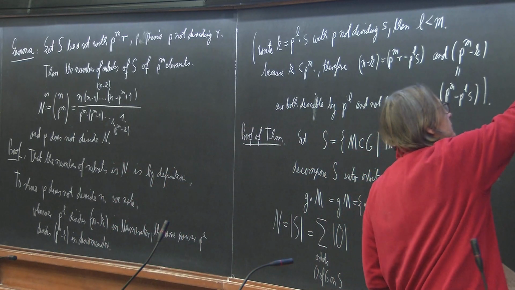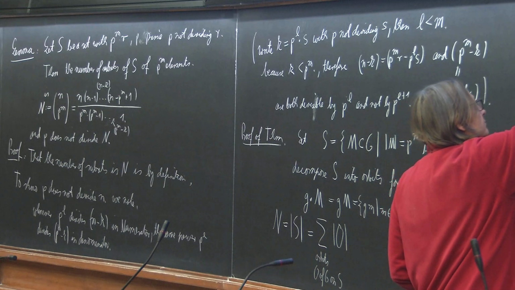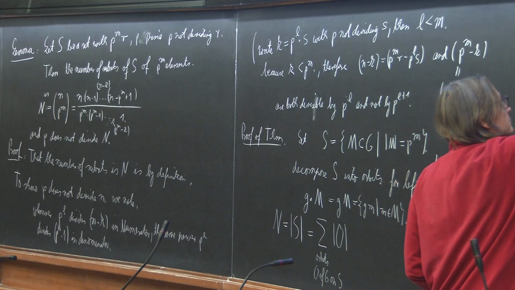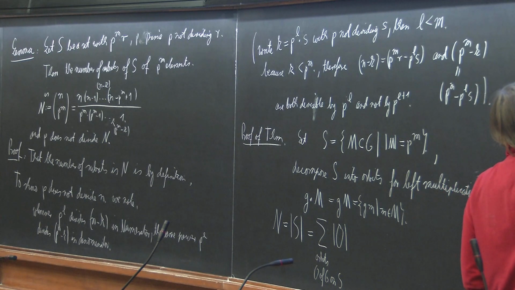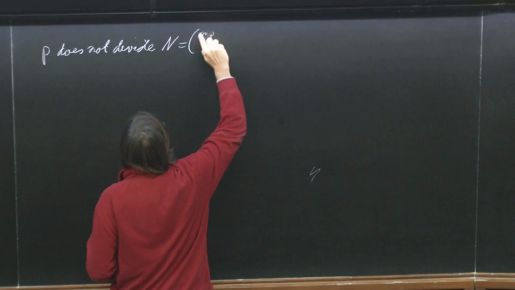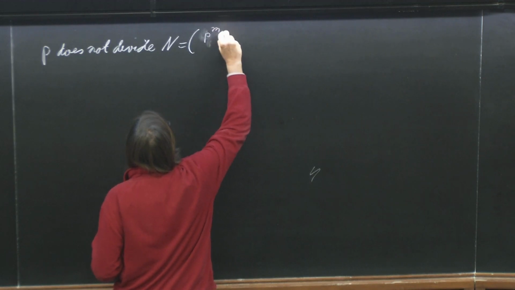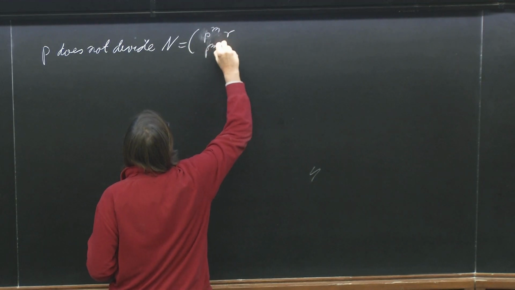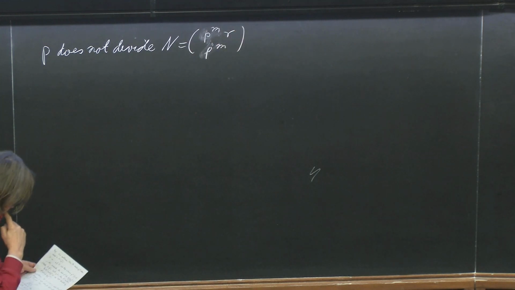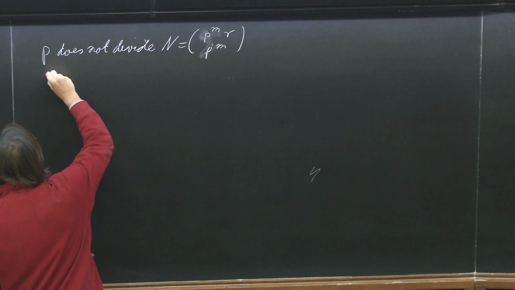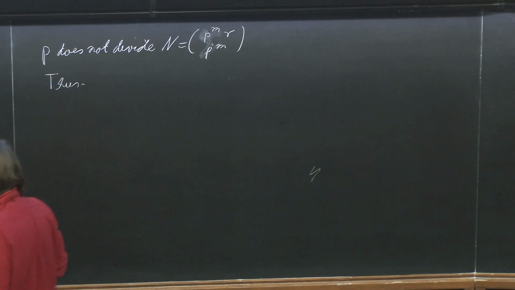So P does not divide n. What was it? P to the m times r, choose P to the m, as we had seen in the lemma. Thus it cannot be that the number of elements in every orbit is a multiple of P. Otherwise, the sum would be a multiple of P.